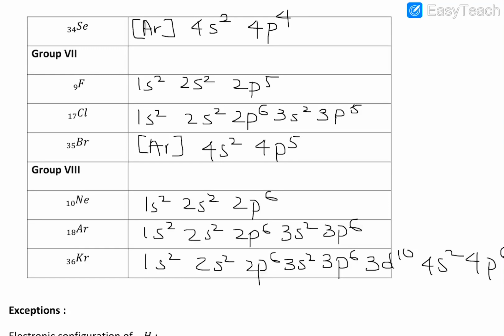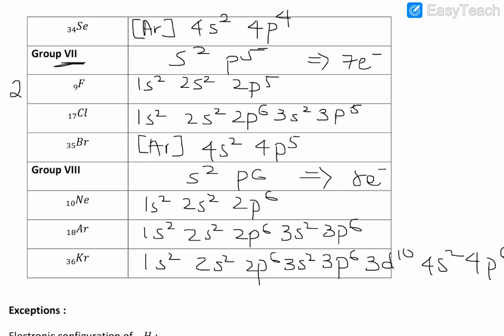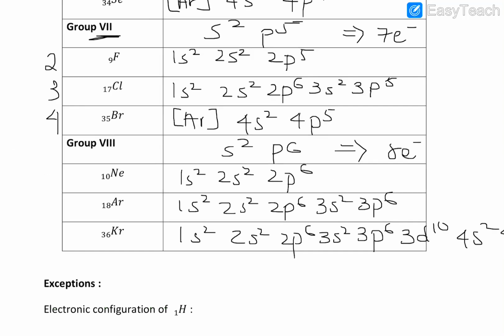So check your answers. Now you can see group 7 is going to end up with S2P5, which makes a total of 7 electrons. Group 8 will end up with S2P6, which makes a total of 8 electrons. And again the period number, that's 2, that's 3, and that's 4.